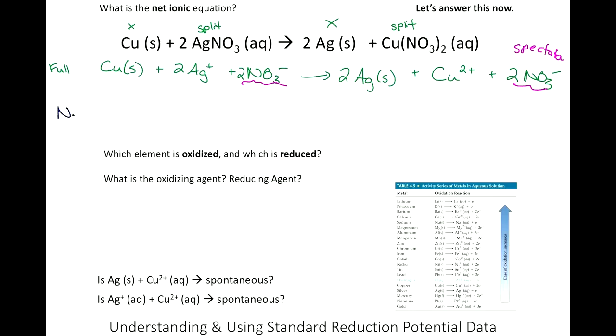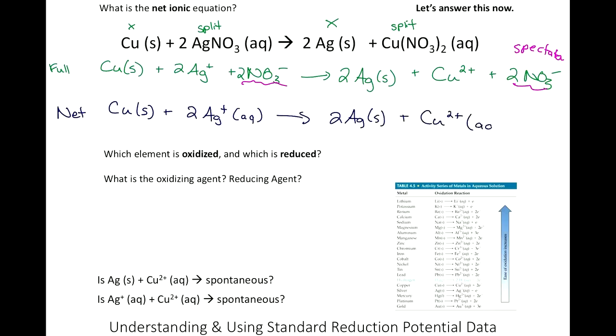So let's write that. The net ionic equation is just simply copper solid plus 2 silver pluses, I'll bring the aqueous back, gives us 2 silver solids and a copper 2 plus aqueous. And so, again, the point of the net ionic equation is this specifically describes what's happening in the reaction.